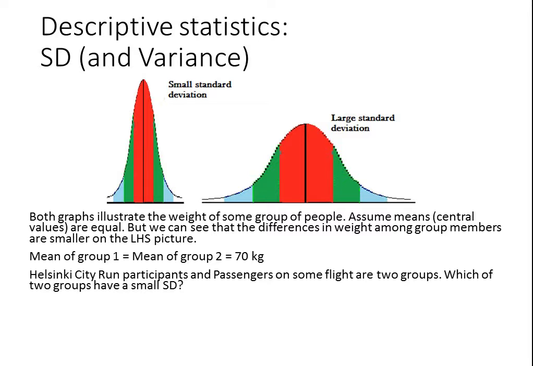What we'll notice immediately is that the differences in weight within the groups are different. Standard deviation and variance are smaller in the left-hand picture.